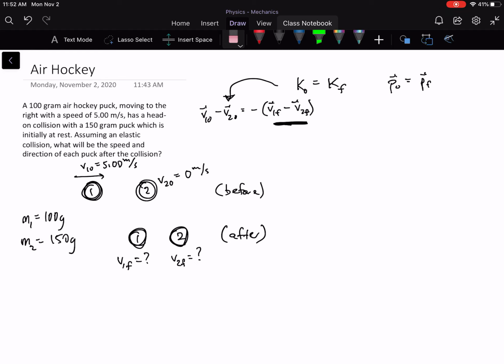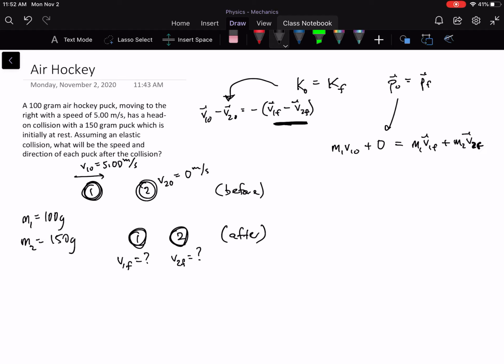And I'm going to start with momentum because that's relatively easy to write down, no squareds or anything like that. So let's start with momentum. We've got m1 v1 initial plus 0, because the second one is not moving initially, and then we've got m1 v1F and m2 v2F on the right.